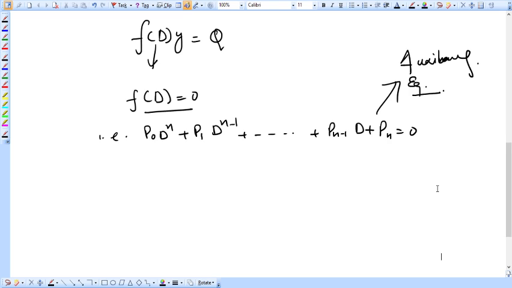As I told you earlier, in this video we are going to see how to solve a linear homogeneous differential equation with constant coefficients.